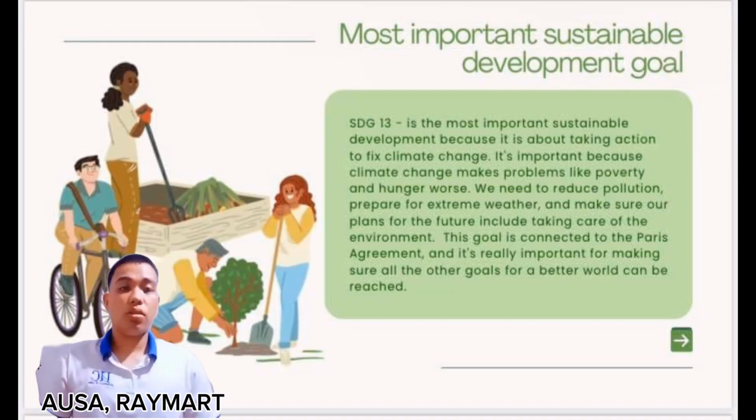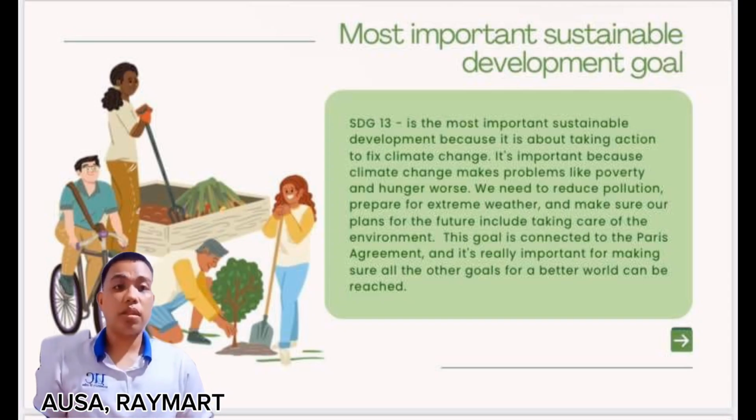My topic is all about what is the most important sustainable development goal. There are 17 sustainable development goals, but the most important is SDG 13, climate action. SDG 13 is the most important because it is about taking action to fix climate change.